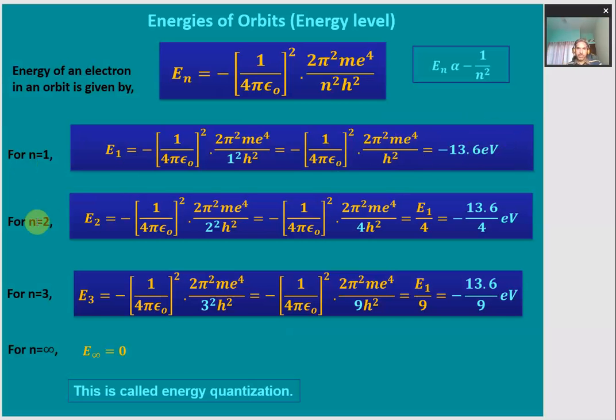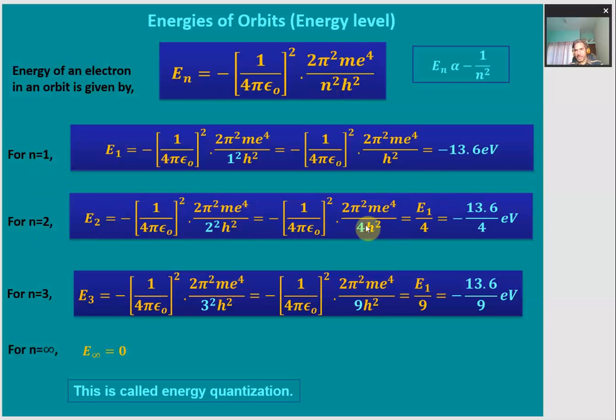Similarly, for n is equal to 2, there will be no energy orbit between n is equal to 1 and n is equal to 2. After the first orbit, the next one is the orbit for which n is equal to 2, and its energy is calculated according to this. So for E2 we substitute n as 2, and 2 square is 4.